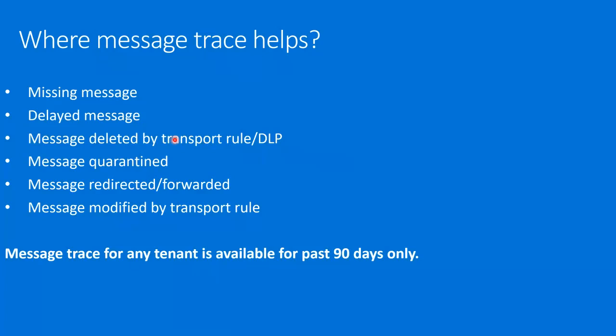And if there is an email that was deleted by a transport rule, a DLP or a malware filter or any other Exchange Online Protection components that you have, or when a message is quarantined, redirected, forwarded, or modified by a transport rule, message trace will help us identify what happened. These are certain examples where you can identify the reasons using a message trace.